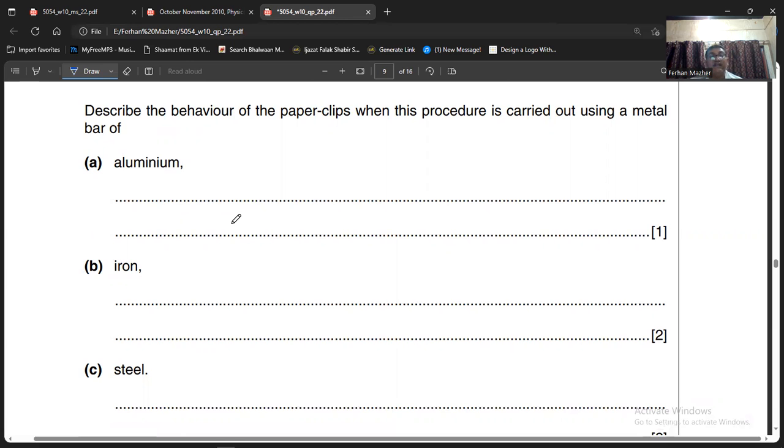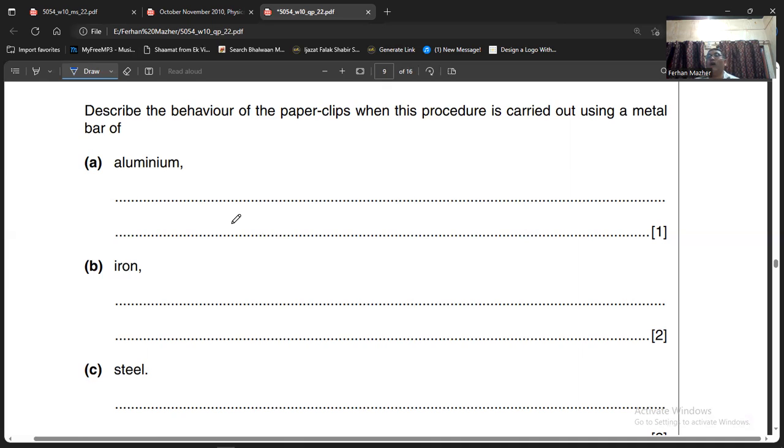glass container. If you use a steel metal bar, when you switch on the DC current, the steel bar will become magnetized and it will attract the paper clips. But when you switch off the current, the steel is a hard magnetic material, and once it has been magnetized, it can retain its magnetism for a very long time.